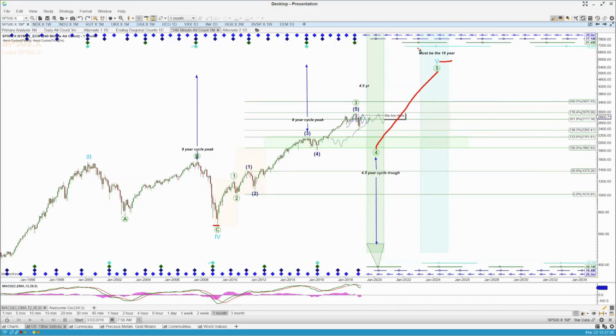And that's predicted in this timing window here. Now bear in mind, this is a monthly time frame. This is not designed for trading positions, but this is designed for you to position yourself with your longer term investments. It's to give you confidence, reassurance, a method, a roadmap, all those good things.